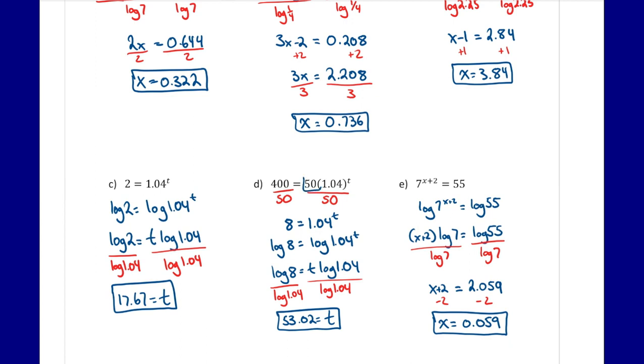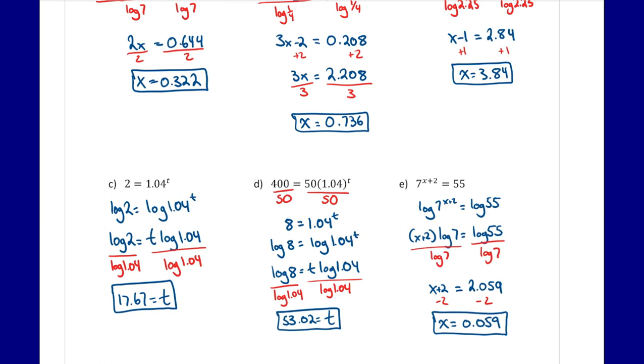You could think of the 50 as a power of 50 to the power of 1, and then we have 1.04 to the power of t. So those are two different bases, so we can't combine them. But I can divide by 50 to cancel it out, divide the other side by 50, and get 8 equals 1.04 to the power of t, and then we use our logarithms to help cancel out those bases and isolate for t.